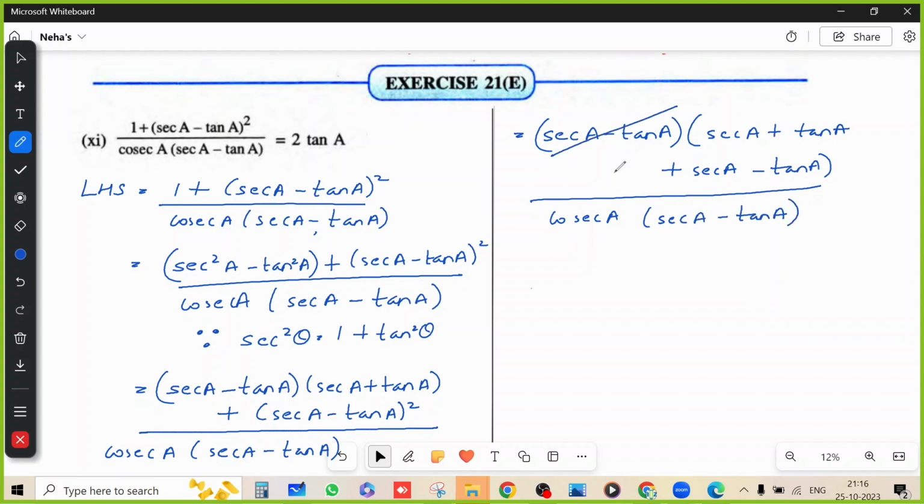Here sec A minus tan A will get cancelled out in both the numerator and denominator. Plus tan A minus tan A also gets cancelled out.